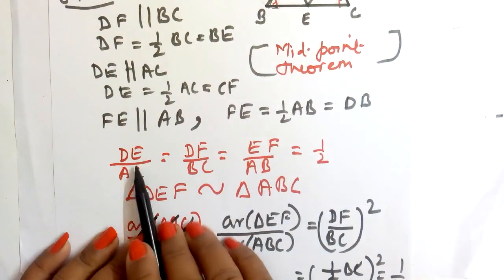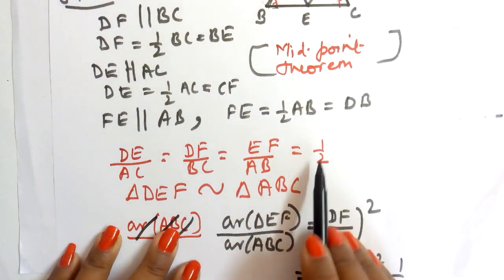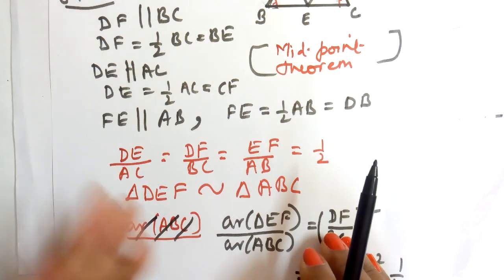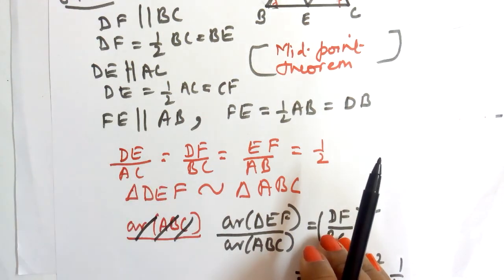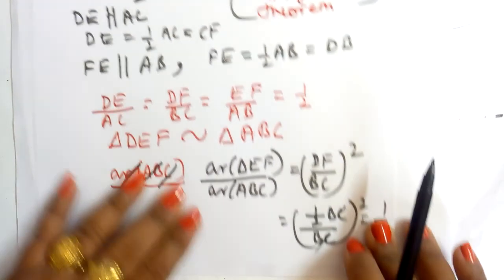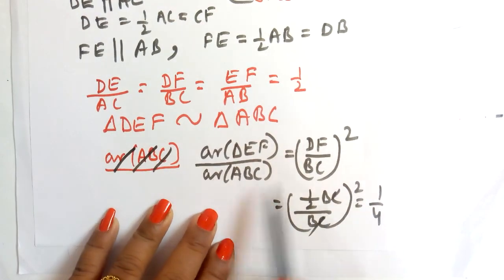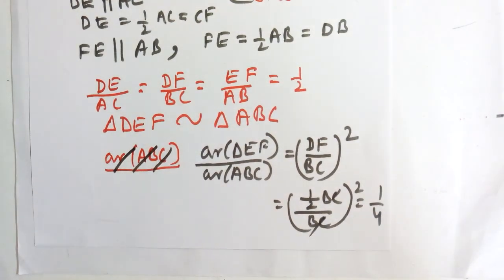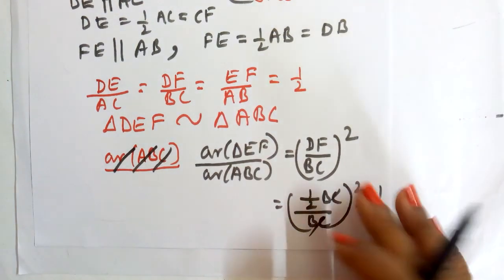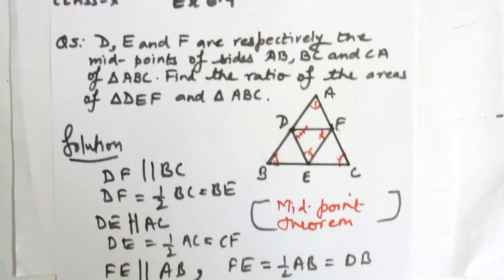Or directly we find the ratios of their sides, and they are equal to 1/2. When all the ratios are equal, it means these two triangles are similar to each other, and after that we applied the theorem regarding the ratio of the areas of triangles to find out the ratio. I hope this is very clear to you.